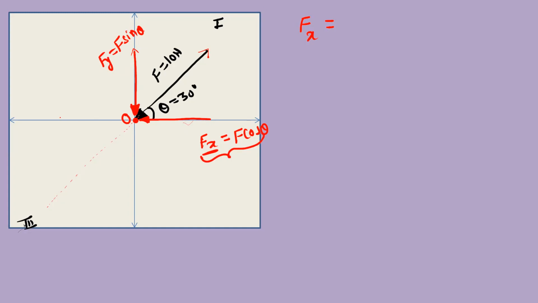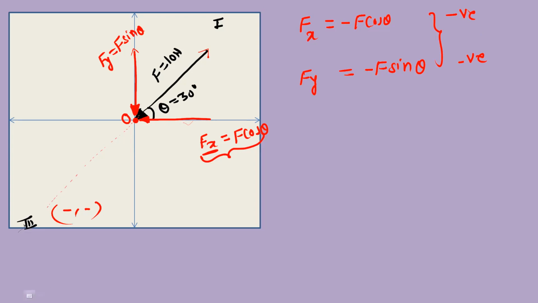Fx is directed towards the negative x direction. So we will write this as minus f cos theta. And the y component is also directed towards the negative y axis. So it is minus f sin theta. Okay. So these two components are negative. And that's why the given force is lying in the third quadrant. Okay. So for the third quadrant, both the components are negative.